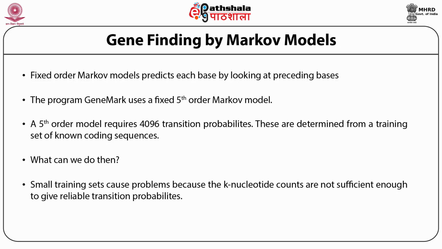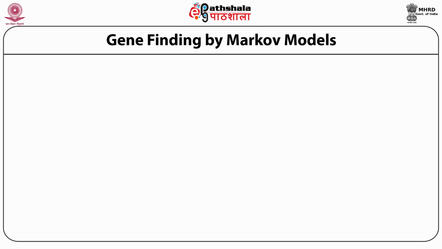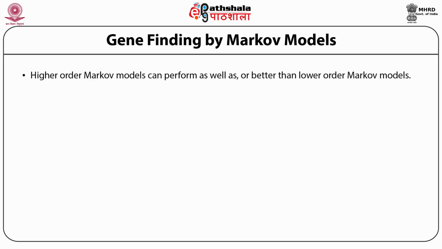Which means small training sets cause problems, because the k-nucleotide frequencies or counts are not sufficient to give you a reliable estimation of the transition probability, that is, their frequency. So what does one do in such a case? Higher order Markov models, of course, can perform better than lower order.